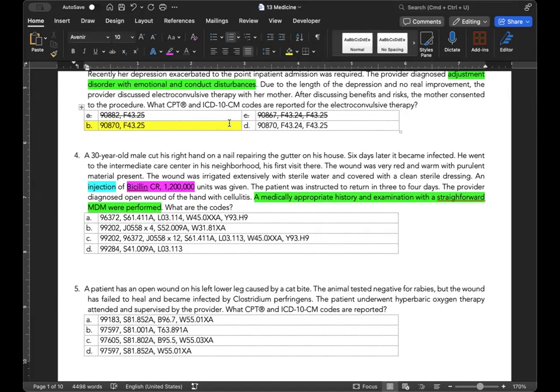And then that tells us specifically that we should see antibiotic administration instead of injection. So let's go to antibiotic administration. And then you've got injection under that, and that gives us what range of codes for the administration of that antibiotic.